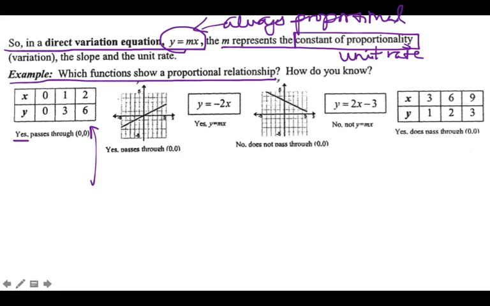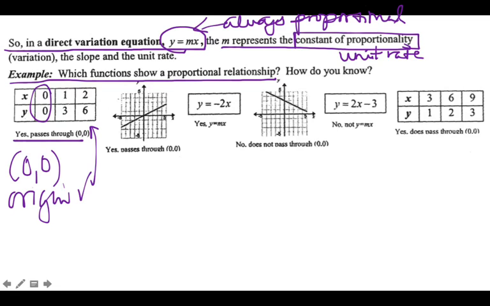Let's look at my first one. First one is a table, and it says yes, it passes through 0, 0. With a table, if you don't see the 0, 0, you have to figure out if it's there or not, and you'll see one that does that in just a minute. But we do have the 0, 0 in the table laid out in front of us. That's the origin, so that's why it's a yes.